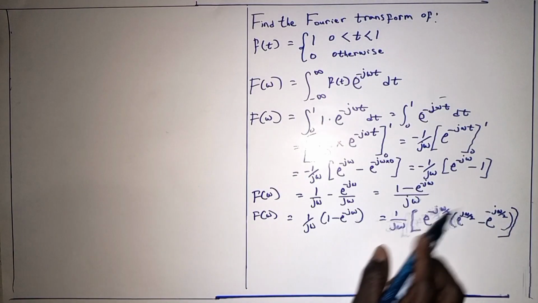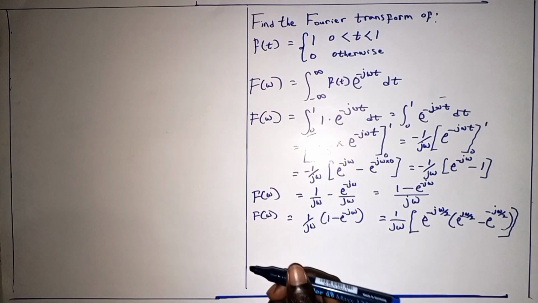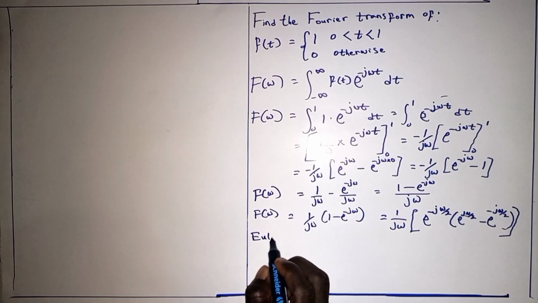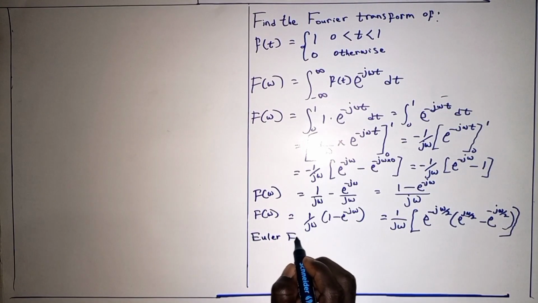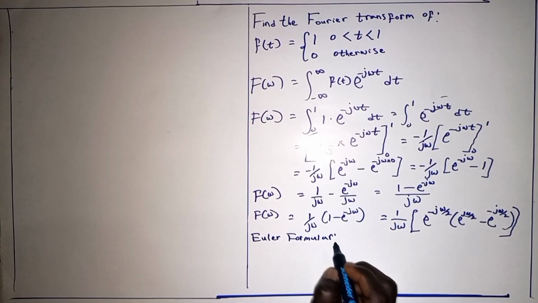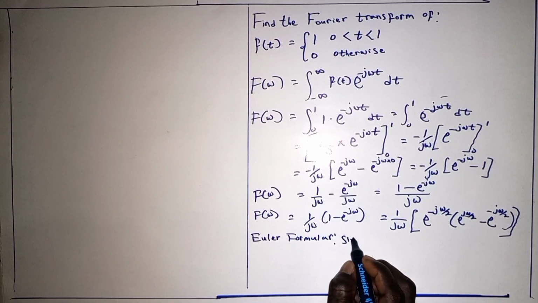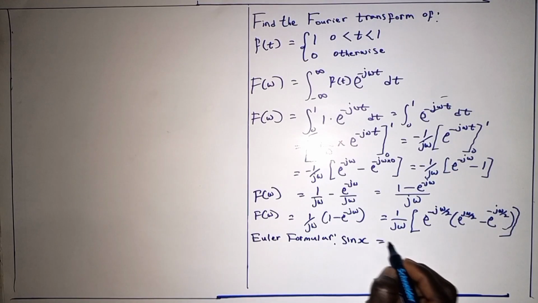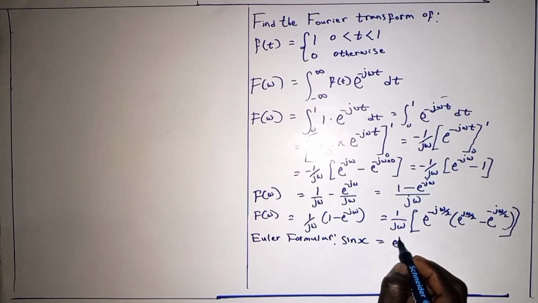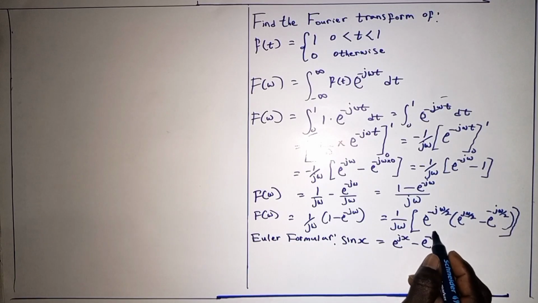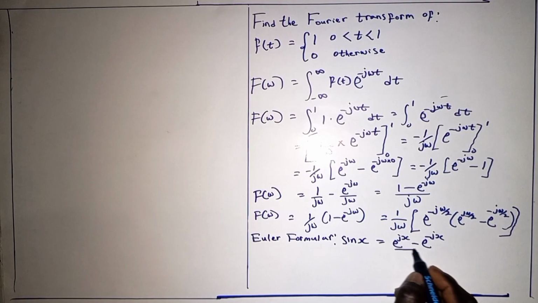And the main reason why I applied this is that I'm going to apply Euler's formula for the sine function. Let's say sine function x, which is exponential jx minus exponential minus jx over 2j.